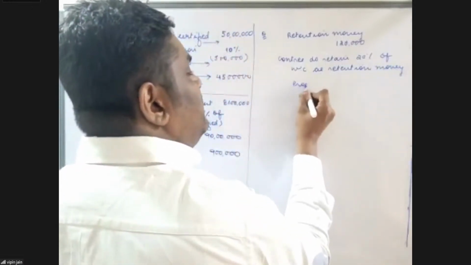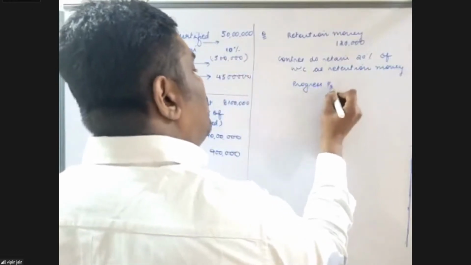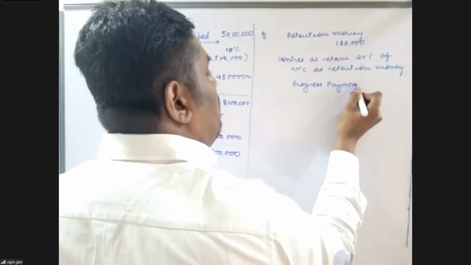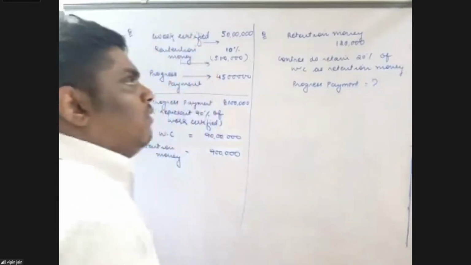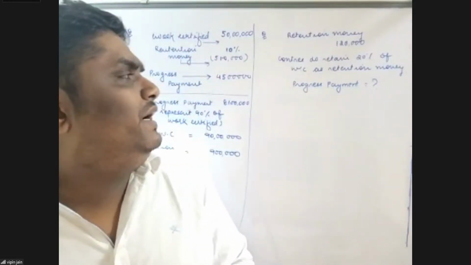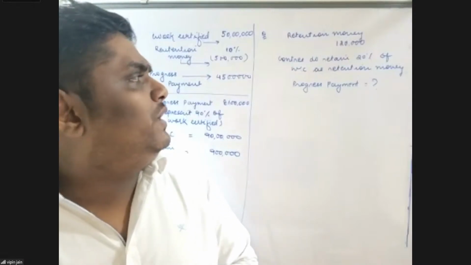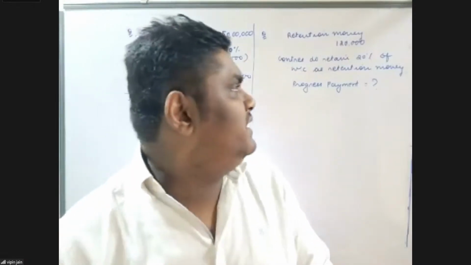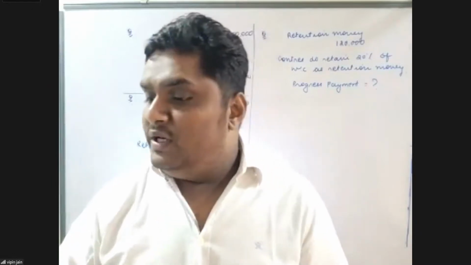Calculate progress payment. The retention money is 1,20,000. Contractee do retain 20% of work certified as retention money. Calculate the progress payment.